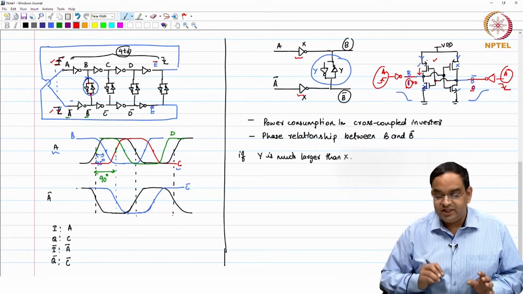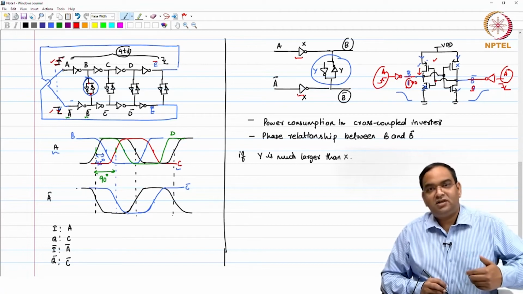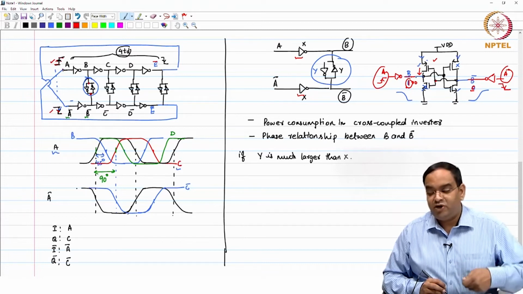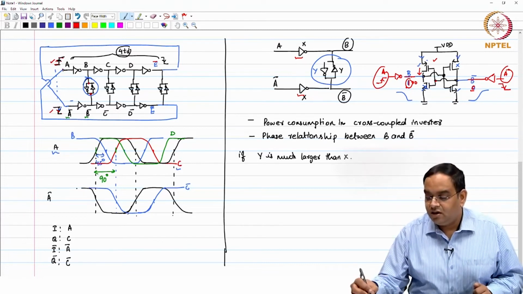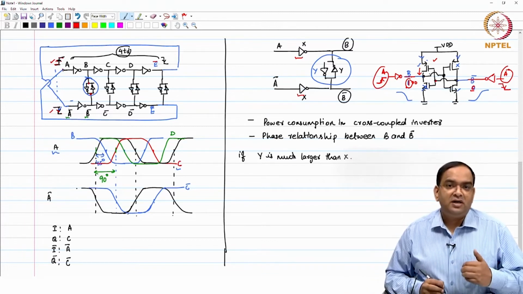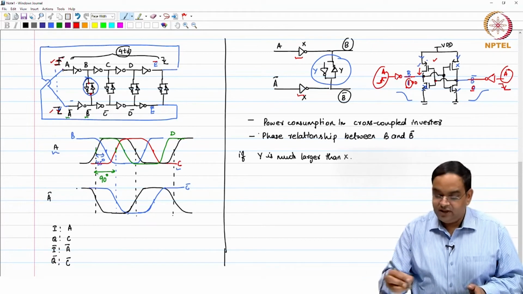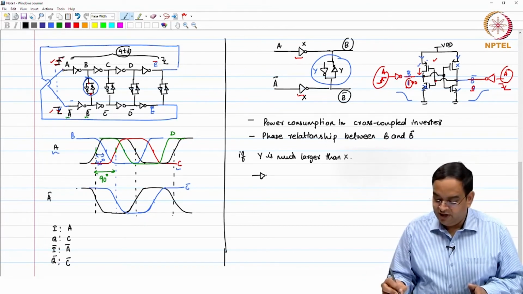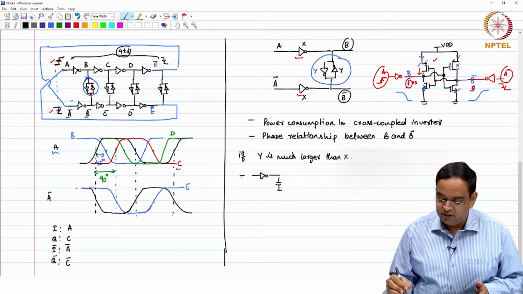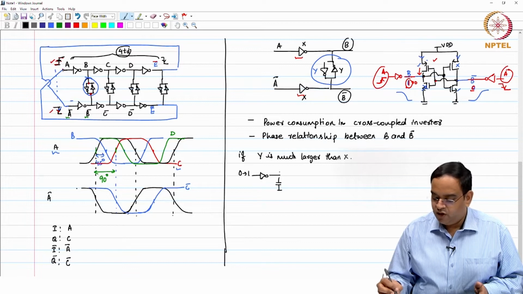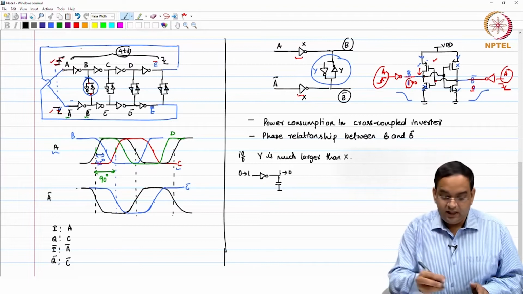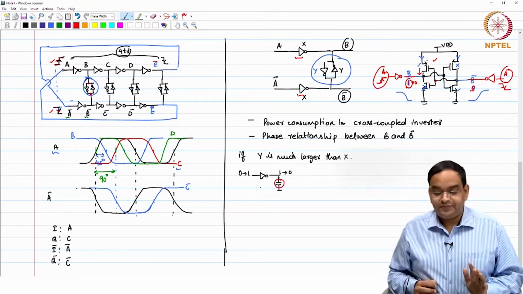Opposing the changes effectively means that you have to give a larger input, or the delay at the output will keep on increasing. So, if you just have an inverter with some parasitic load and you go from 0 to 1, your output will more or less go from 1 to 0 with the delay dictated by the capacitor.